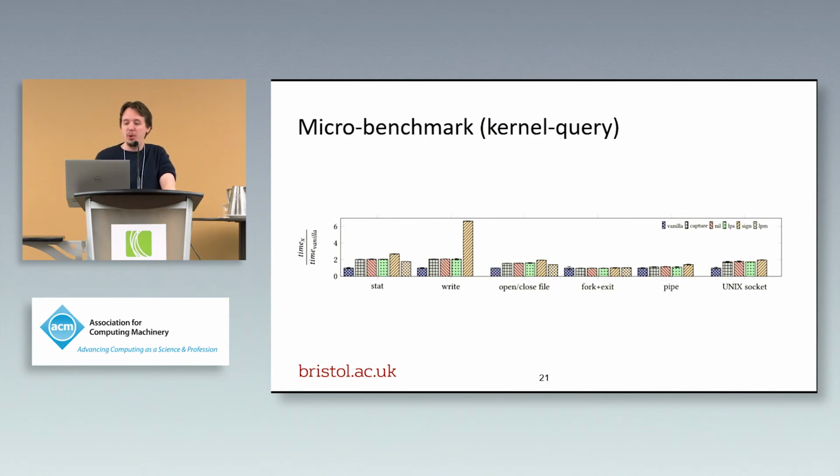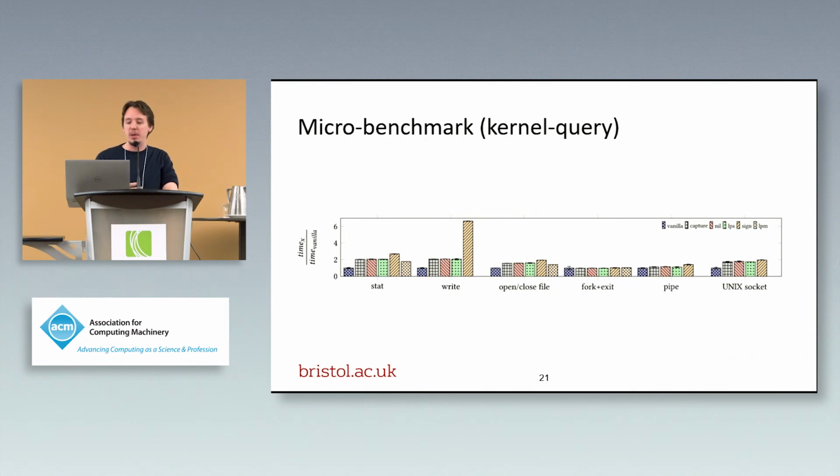And if we look, for example, at the write and the sign query, what happened here is you can think of the query as being dependent on the complexity of the subgraph generated by a particular system call, and that overhead is independent of the cost of the system call itself.